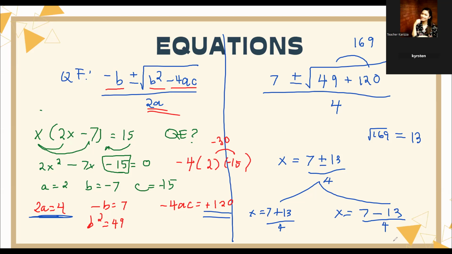Okay, let's solve. So 7 plus 13 is positive 20 over 4, so x is equal to 5. 7 minus 13 is equal to negative 6, so 6 over 4, so x is equal to negative 3 over 2.